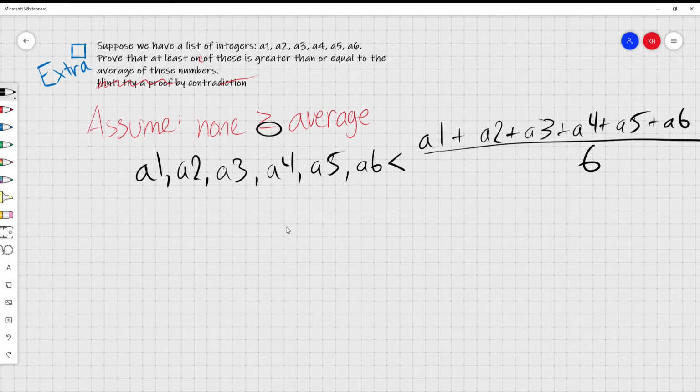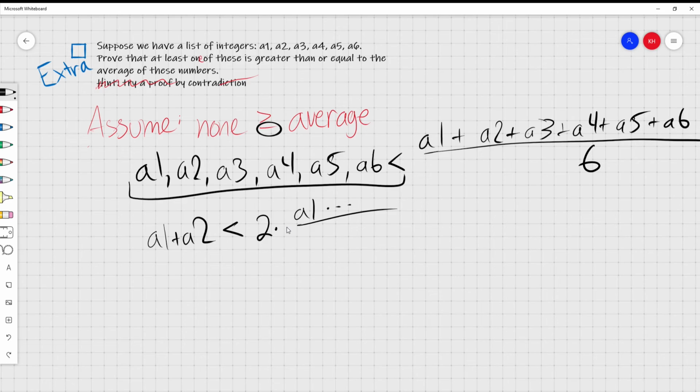And the one thing I would try right away is, you don't really want to subtract these together. This is what we're working with, A1 through A6. So I'm just going to add these all together. So that means we have, if we add, say we add A1 plus A2 from this definition on this side, then we have to make sure that it's less than 2 times the average on this side, all right?